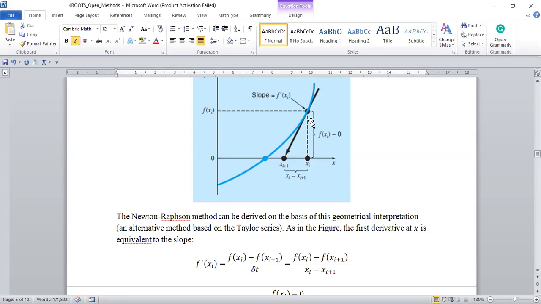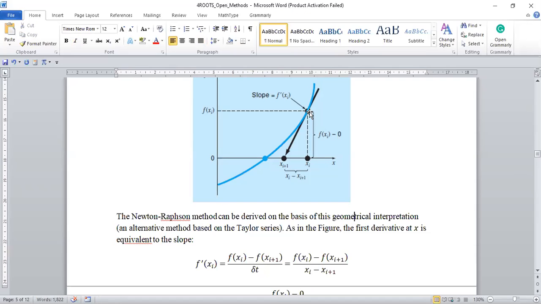So in order to do that, you are going to use this geometric interpretation. The difference between this point and this point is f(xi), so this f(xi) and this 0. So this is the difference.